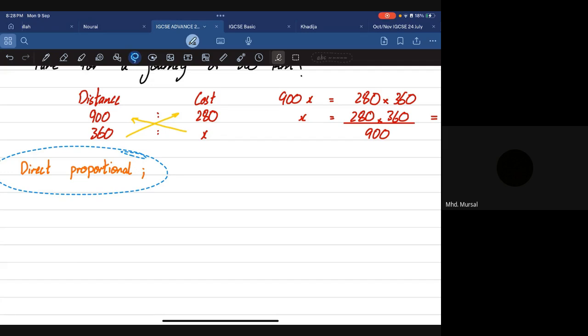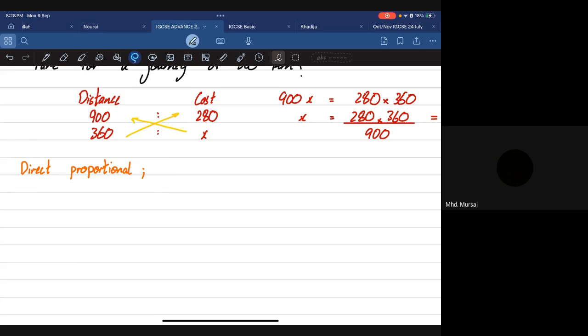I can't hear you. The more luxury the car is, the more it will cost. Oh, good example. The more luxurious the car is, it's going to cost more. Yes, that is true, Mursal. Very good example. Okay.